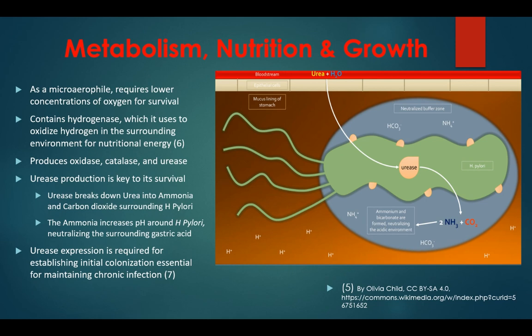The urease production is key to its survival because it takes in urea, breaks it down, and creates ammonia and carbon dioxide. That ammonia in the surrounding area increases the pH, making it more basic, less acidic, and creates kind of a window of less acidity right around the organism, which allows it to live.